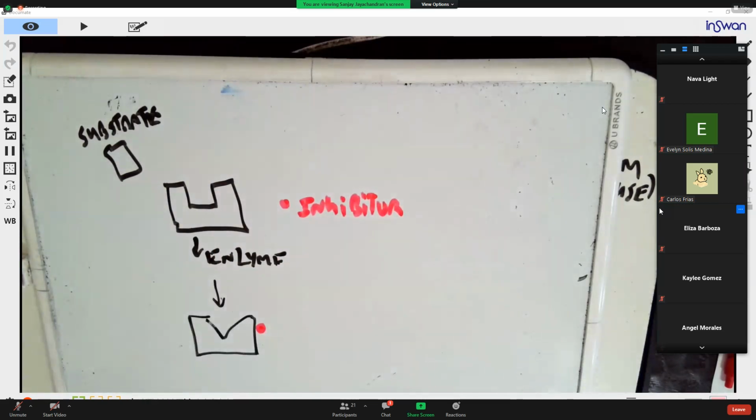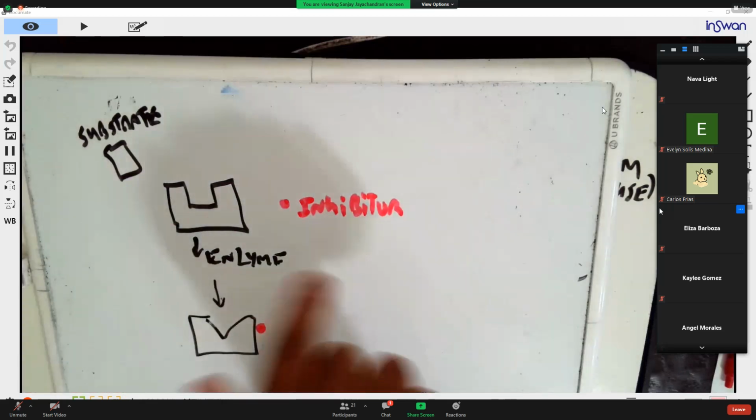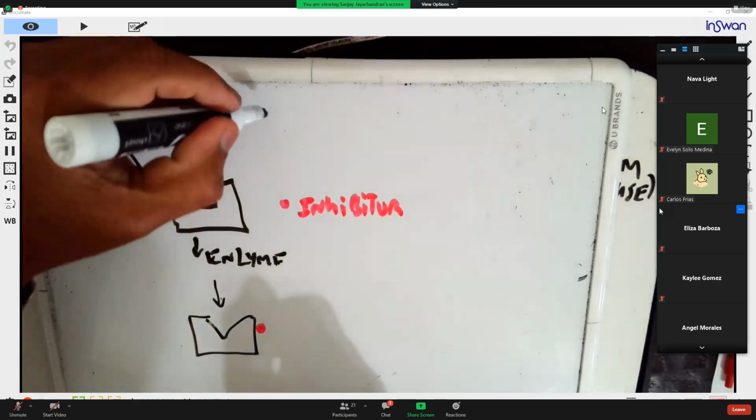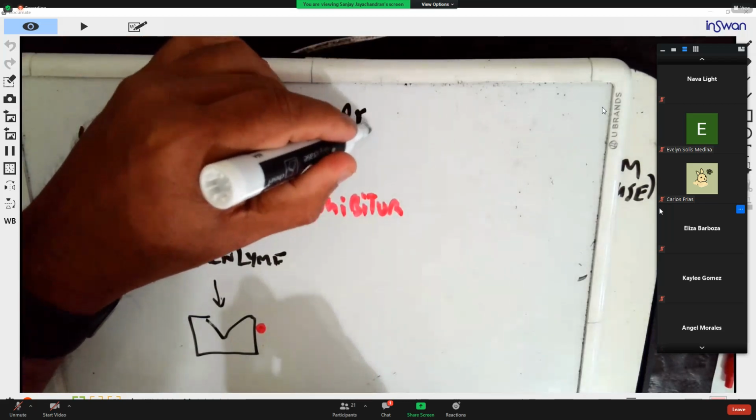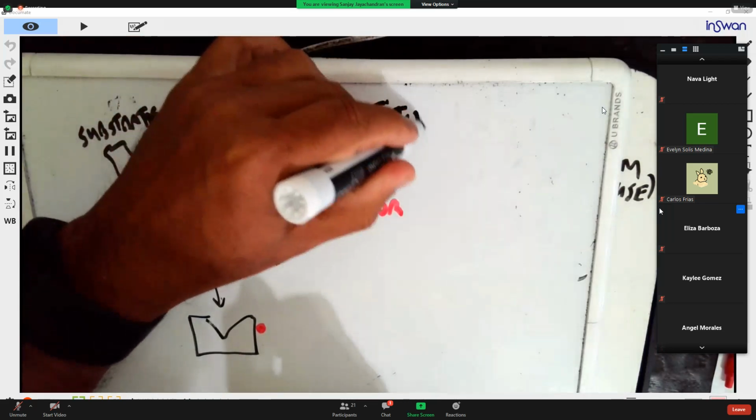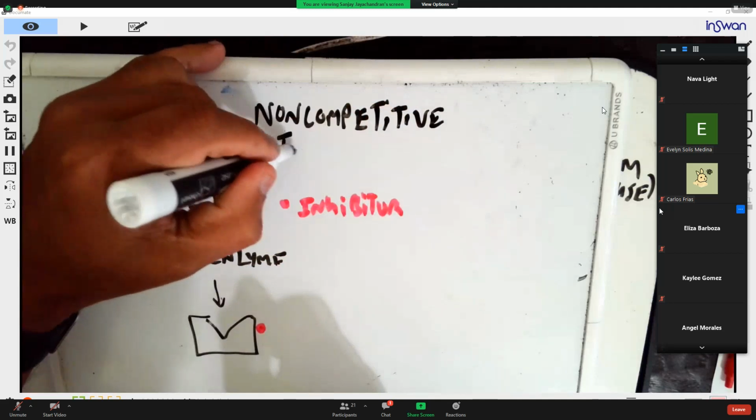So there's no real world analog for this. So if this is the enzyme, this hooks up, maybe it does something like this to the enzyme. Okay? So this kind of blockage that you see here is called non-competitive inhibition.